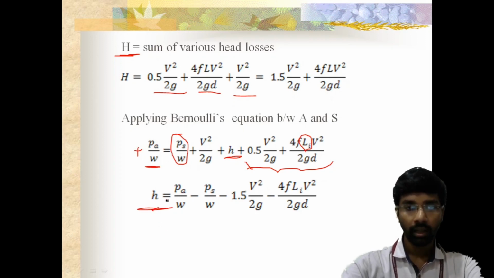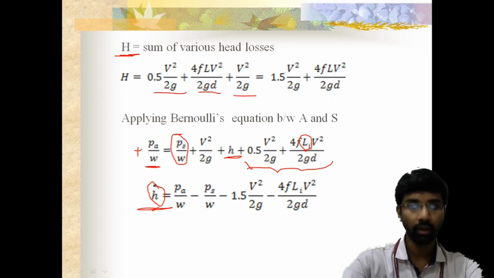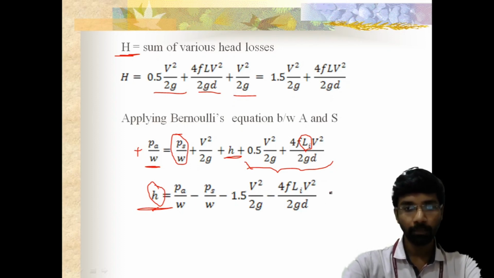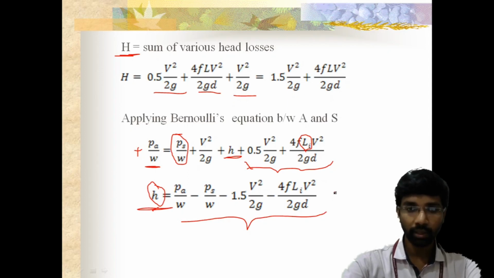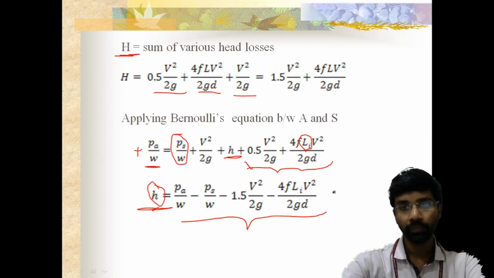And what this H is nothing but distance between the level of fluid in the upper reservoir and the summit point. This is nothing but the peak point of the siphon can be placed at this much or less than this much. If it goes greater than this much, then obviously the flow does not continue. Why?